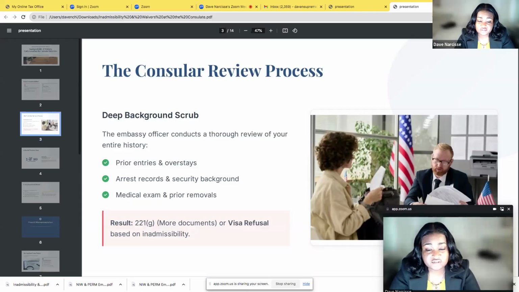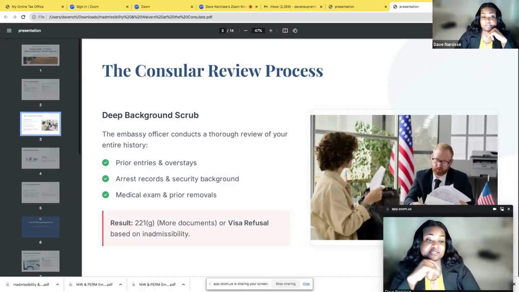The embassy officer conducts a thorough review of your entire history: prior entry, overstay, arrest record, security background, medical examination, or prior removal. All of those things that could make you inadmissible, they go over all of them. After your interview, you could either receive a 221(g), where they ask you to send more documents, or you're going to have a visa refusal based on inadmissibility.